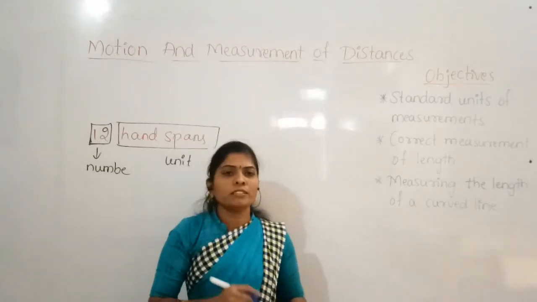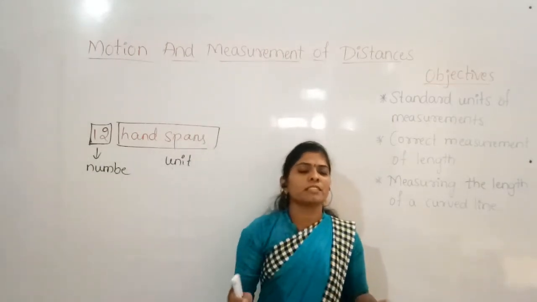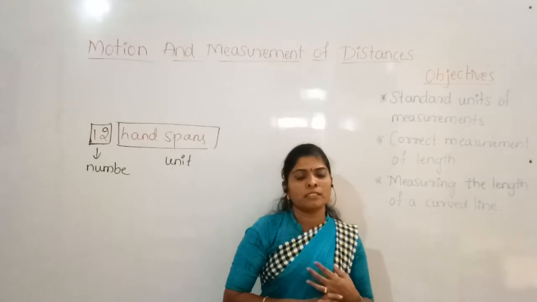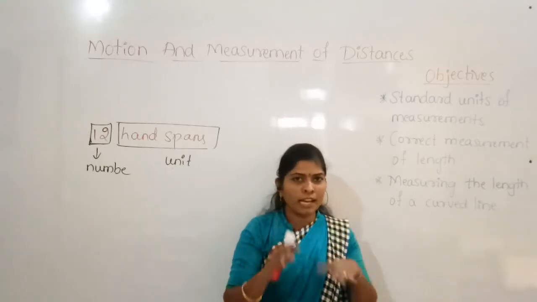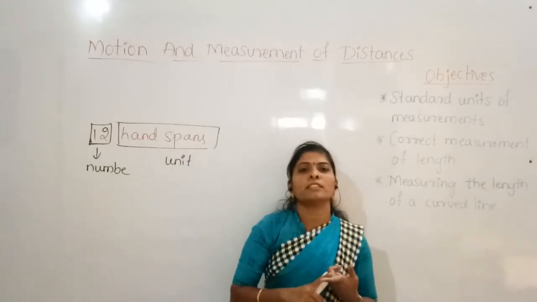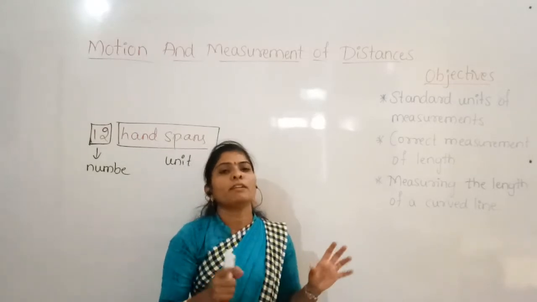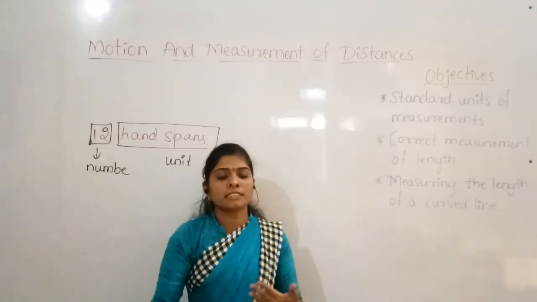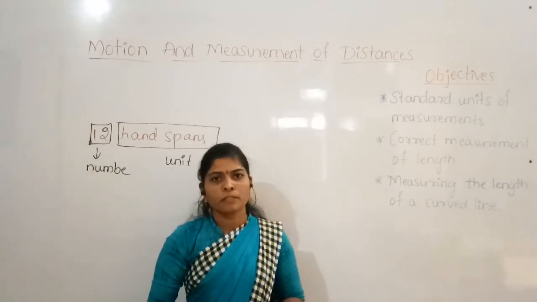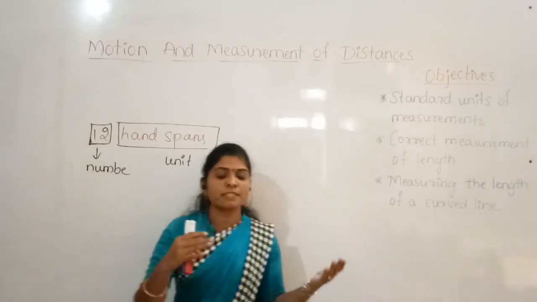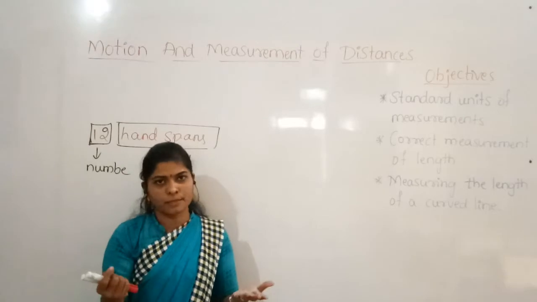Later on, we knew that every person is not of the same height. Every person doesn't have the same length of fingers. Every person doesn't have the same size of foot. Different persons have different sizes.